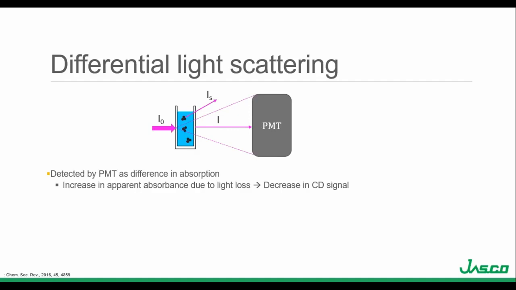The detector can't differentiate between absorbed and scattered light, so it assumes that any light that is not detected was absorbed. Therefore, you get this apparent absorption, or the absorbed plus the scattered light, which increases, decreasing the CD signal.